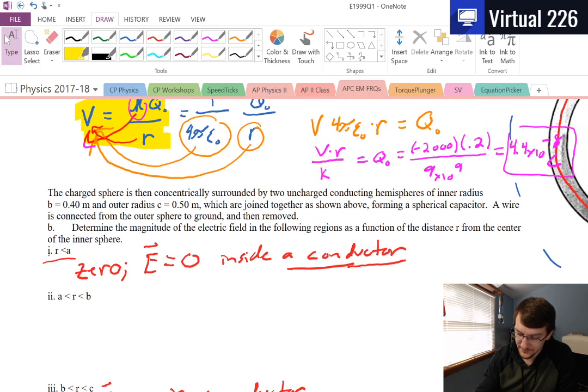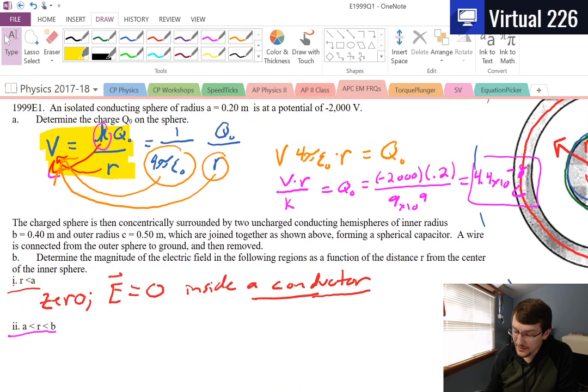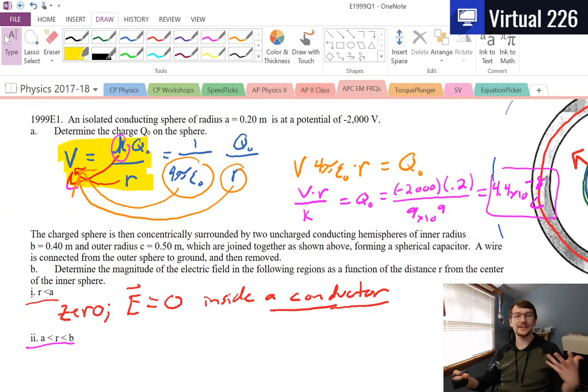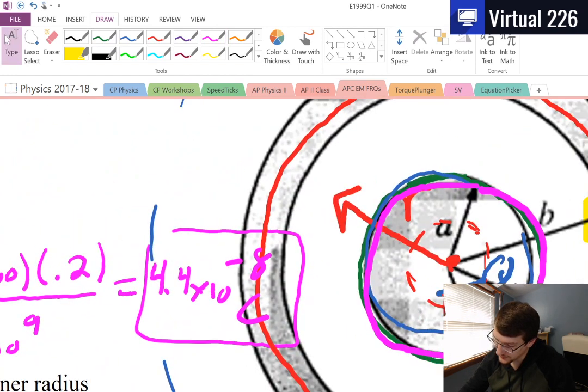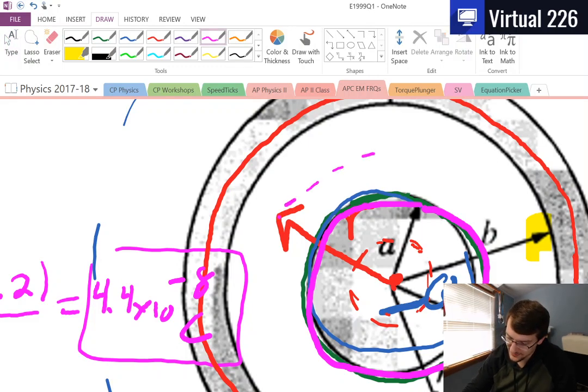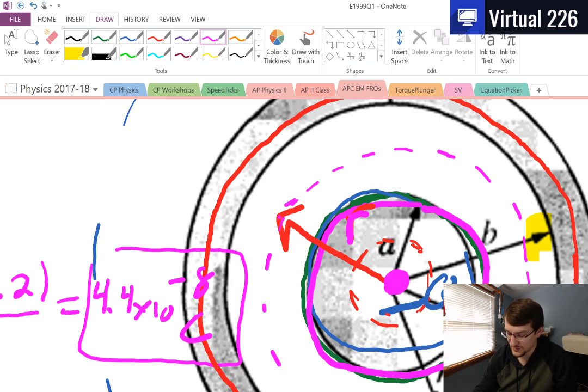For number 2, it's a little bit harder, but we actually don't even need Gauss's law. This is amazing. Because this is a lovely sphere, and we're outside of that sphere at some distance r, we can think of that sphere as just acting as a point charge centered in the center of that sphere.